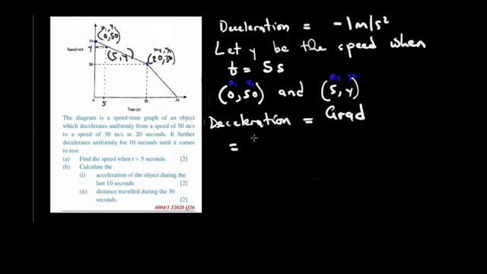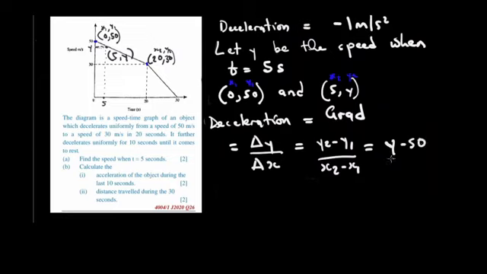We know that gradient is a change in y, delta y over delta x. This is equal to y2 minus y1 over x2 minus x1. So this is equal to, what is y2? y2 is y, minus y1, which is 50, over what is x2? x2 is 5, minus x1, which is 0.